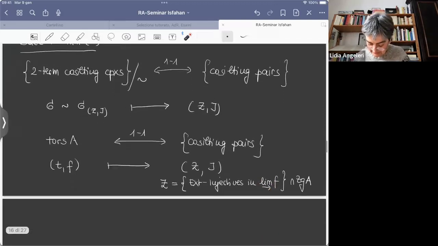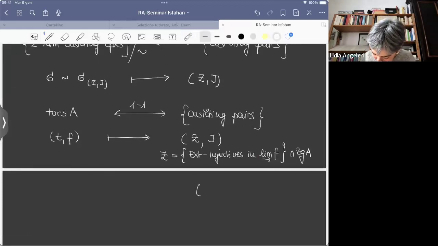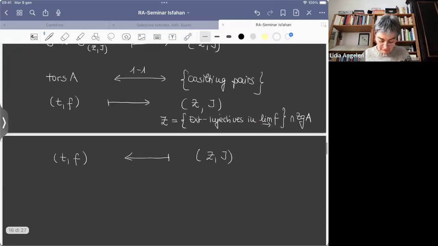And conversely, if you have a cosilting pair, (Z, I), then you assign to it the torsion pair (T, F), which is formed as follows.